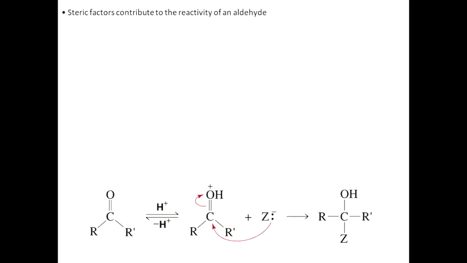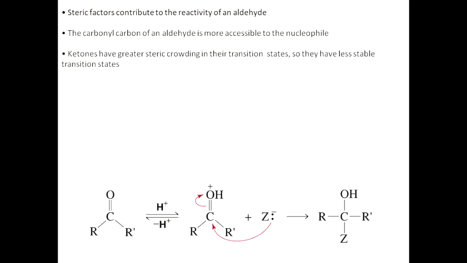Now, steric factors contribute to the reactivity. If the substitution is more crowded, reactivity will be affected. The carbonyl carbon of an aldehyde is more accessible to the nucleophile because it has only one alkyl group and the other is a proton. That's why it is more reactive. Ketones have greater steric crowding in their transition state, so they have a less stable transition state.